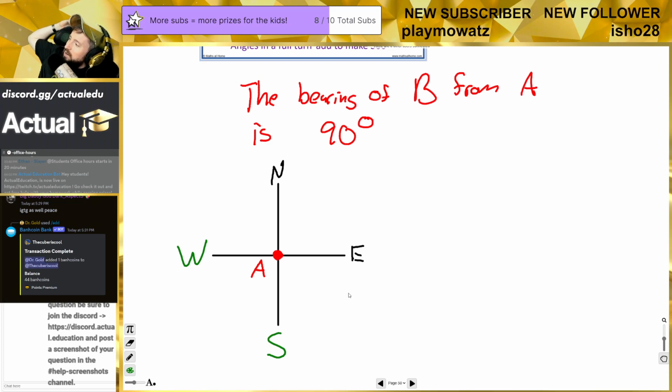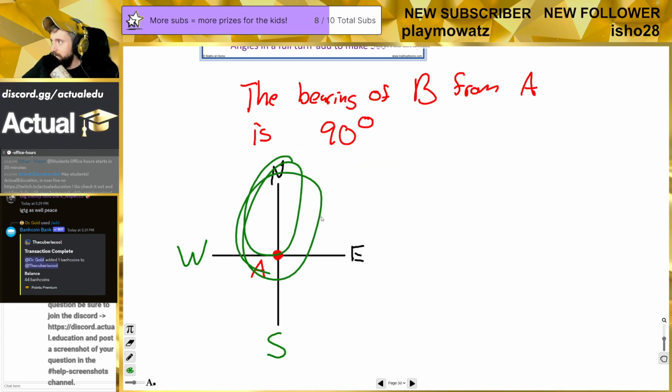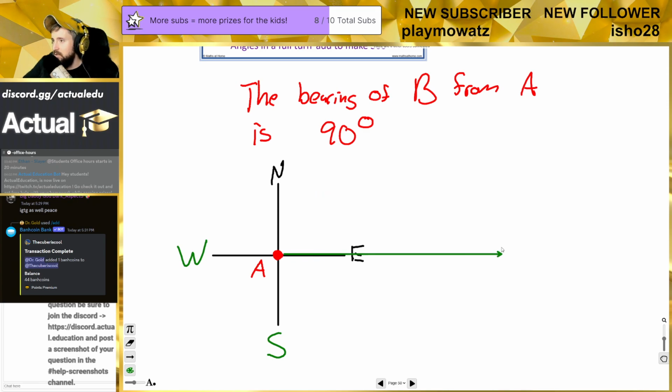Where's 90 degrees, Ethan? Show me. North to east, right? So we start here and go 90 degrees, which points right in this direction. So this is point B. Now point B has its own set of bearings.